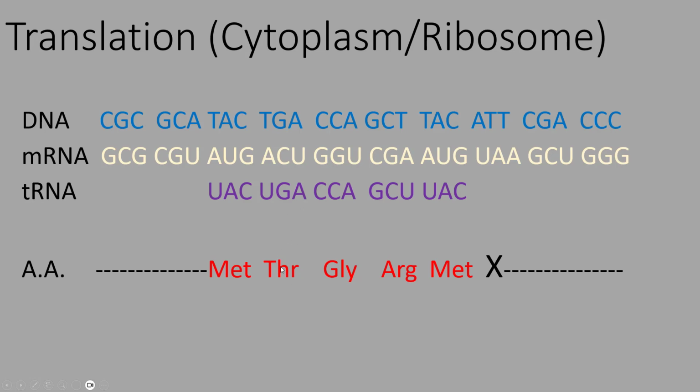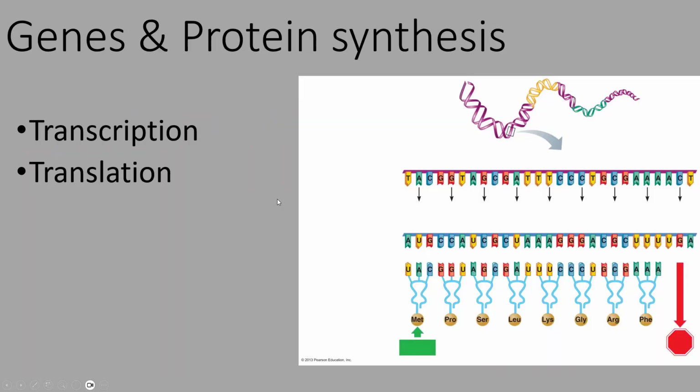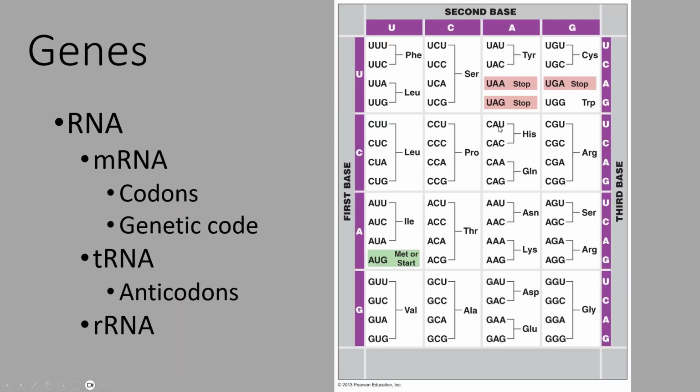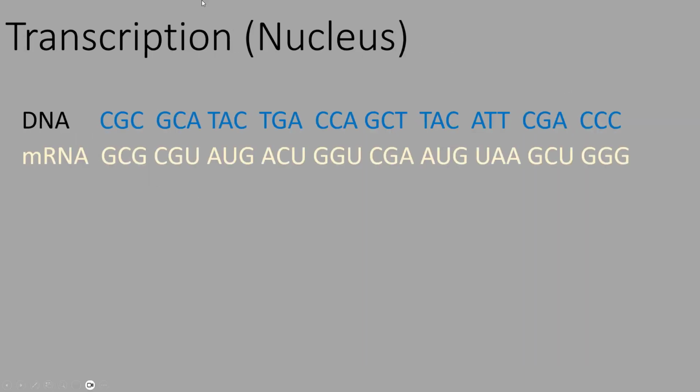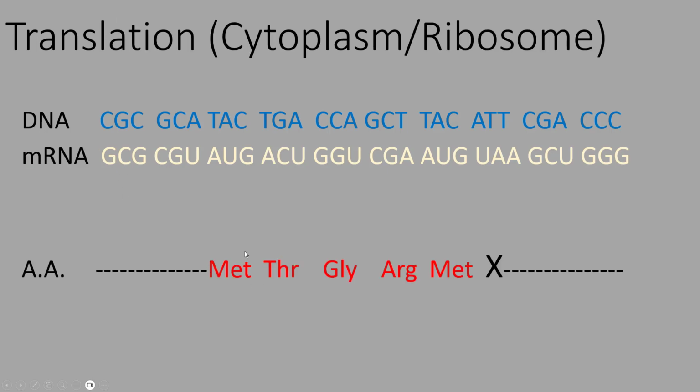ACU says threonine, but if we look up UGA on the chart, where is UGA? UGA says stop, and that's not what we did. We didn't stop there. So it's best to do DNA, build our messenger RNA, look up the messenger RNA codons on the chart, build our amino acids, and then go back and see which tRNA we used.